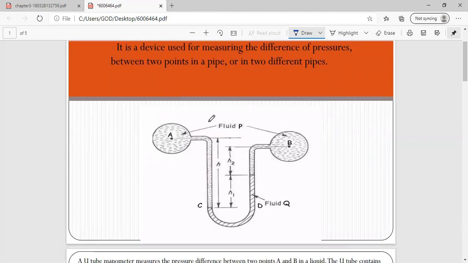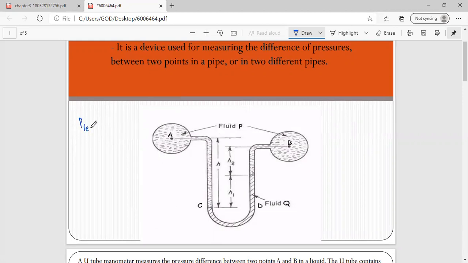For example, this is one pipeline, this is another pipeline. If I am interested to measure the difference of pressures, then I use this. For the benefit of revision, I'll write the equation.